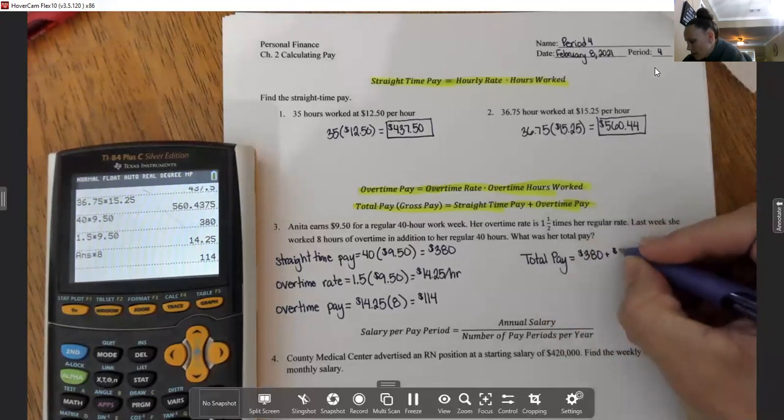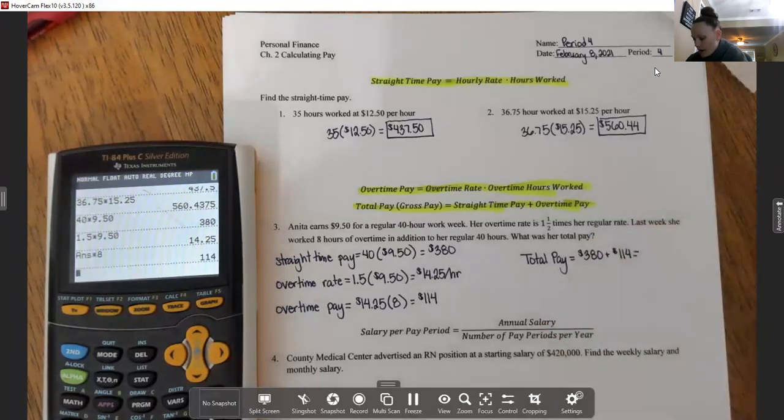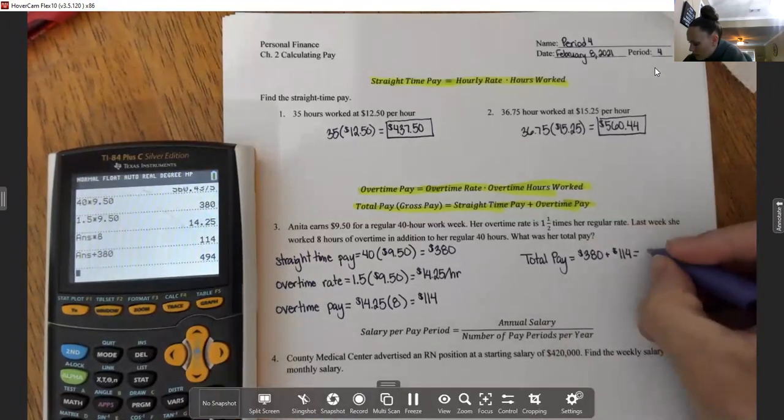So her straight time pay plus her overtime pay is $494.